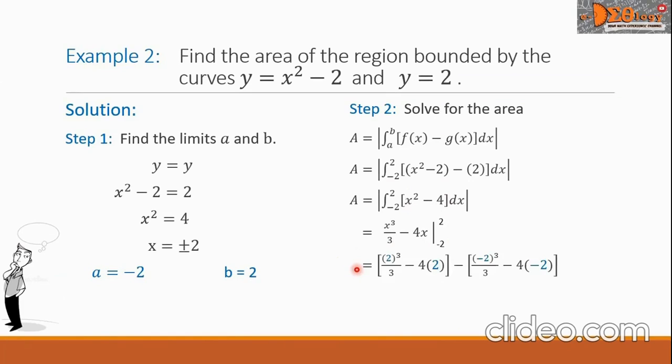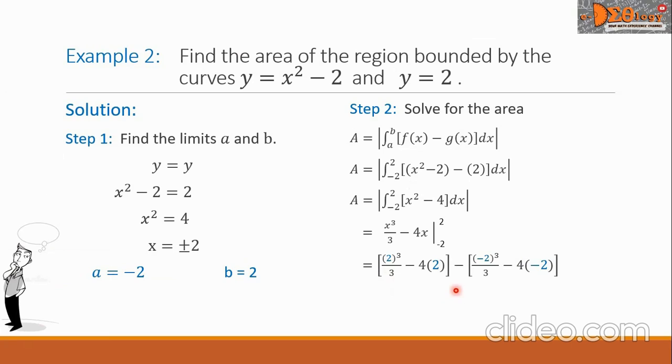Evaluating further, we have now 2 cubed over 3 minus 4 times 2 minus the second group. Negative 2, the quantity is raised to 3 all over 3 minus 4 times negative 2.